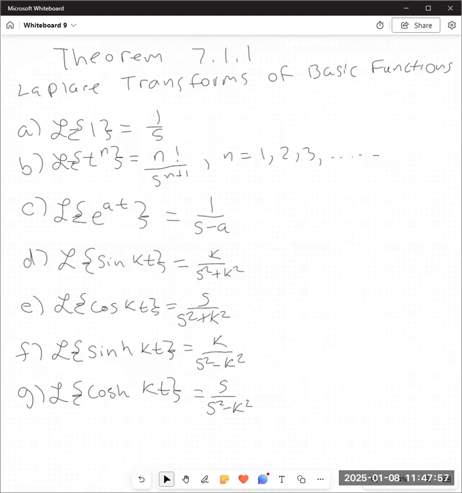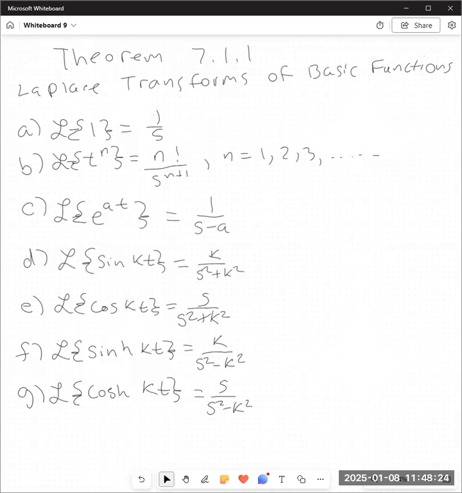So the Laplace transform of C is going to be C over s, because you're going to have that constant multiplier that gets pulled out front and then multiplied into the numerator. So you can think about all these with constant multipliers as well, and that won't change the rule. You'll just multiply by that constant.